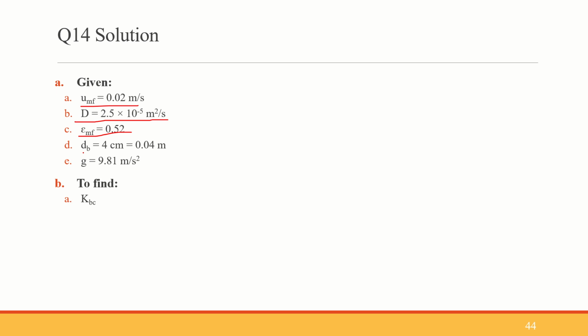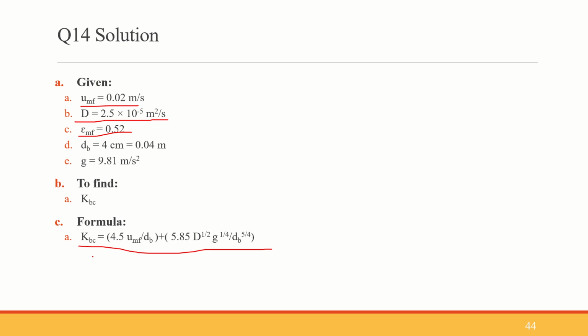And we are asked to find KBC, and formula for KBC is equal to 4.5 UMF by dB plus 5.85 into D to the power of 1 by 2 G to the power of 1 by 4 divided by dB to the power of 5 by 4. So this formula we need to remember, and this is the formula for finding the interchange coefficient between the bubble and the cloud.